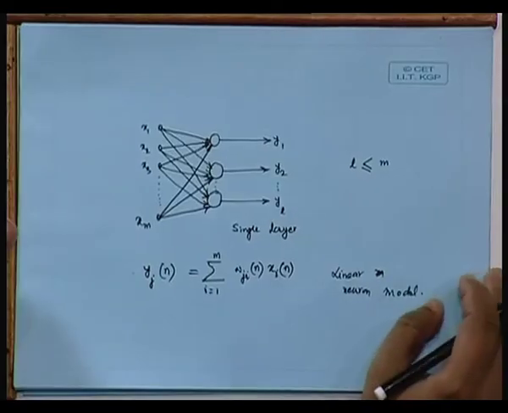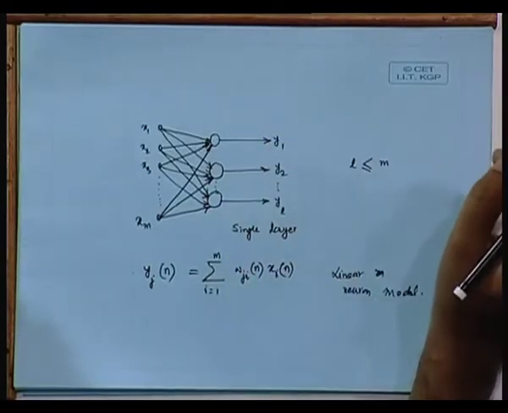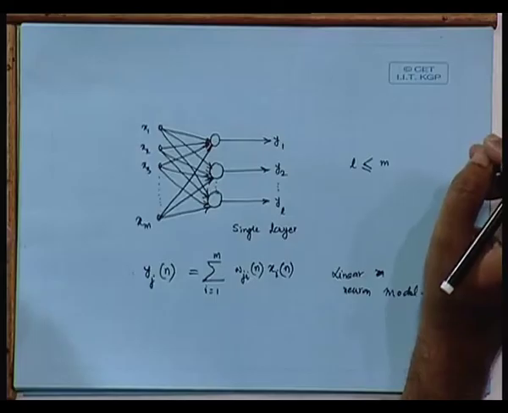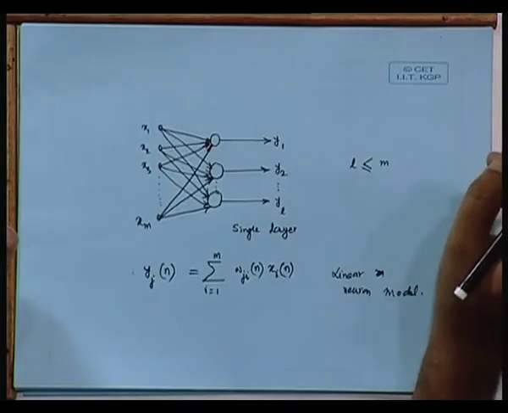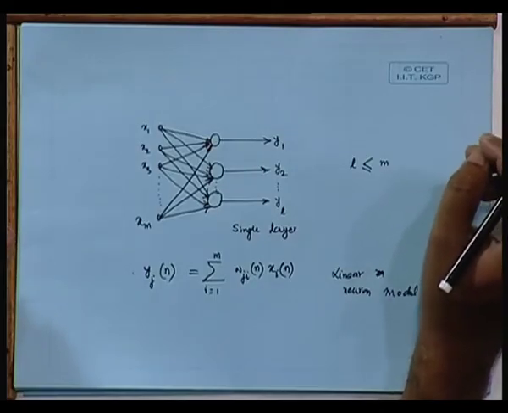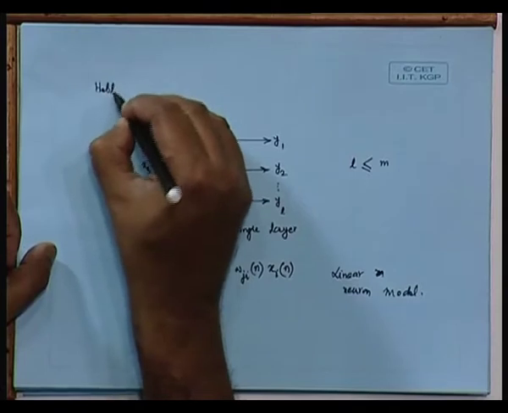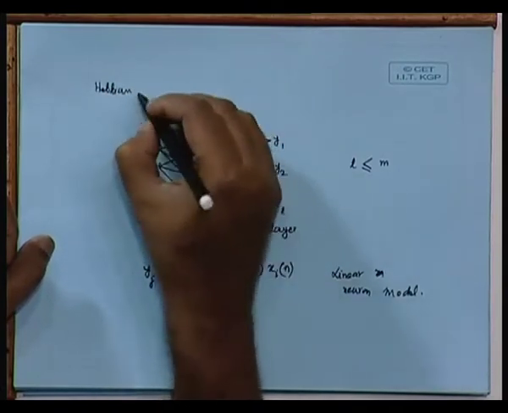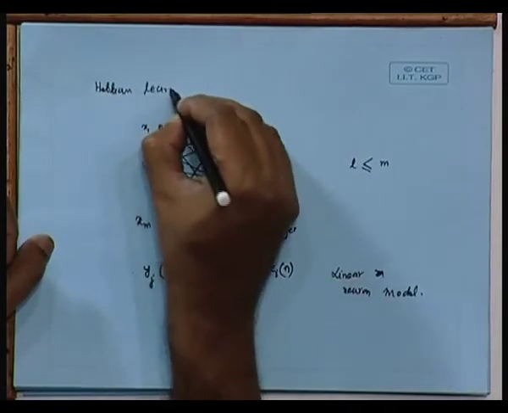Now, in this case the synaptic weight wji of n will be updated in accordance with the Hebbian learning mechanism, because we are all the time assuming that the learning mechanism we are following is Hebbian learning.